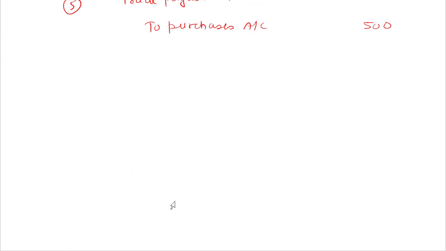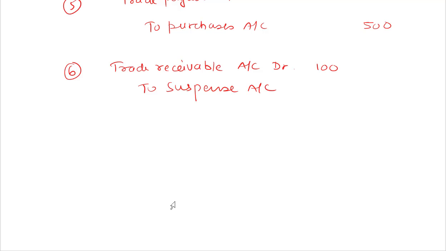In this entry, we have credited trade receivable by mistake, so we need to debit it. Trade receivable account debit, 100 to suspense account 100. Clear?